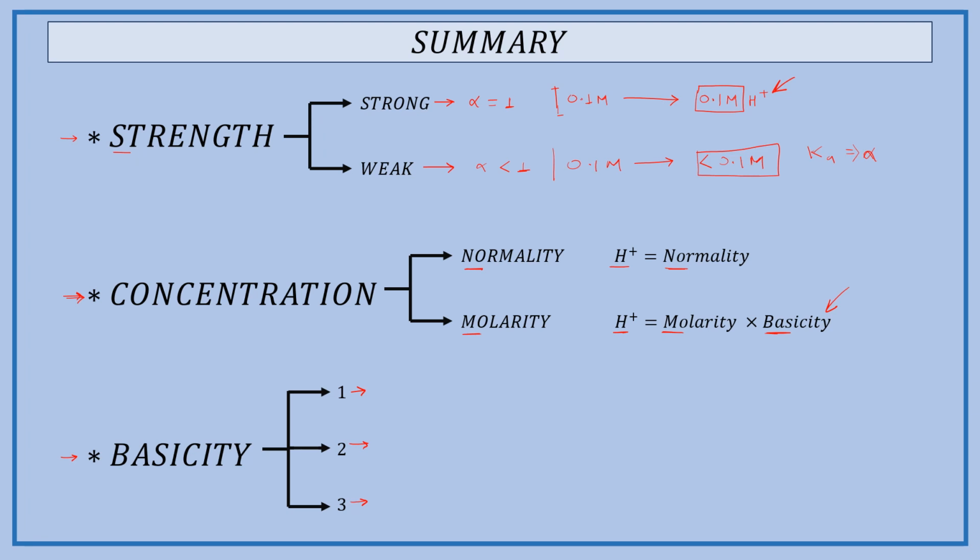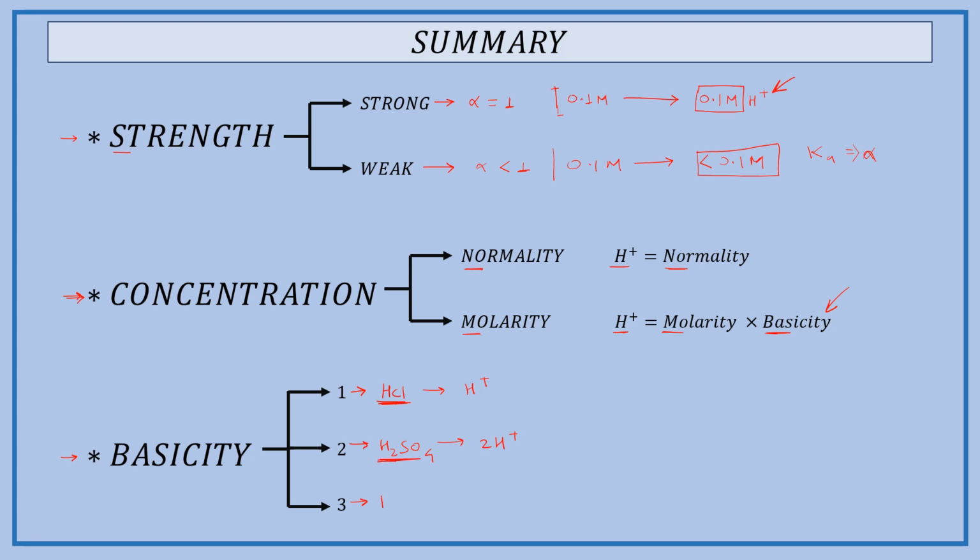Alright, so a monobasic acid will furnish 1 mole of H plus ion per mole of acid. A dibasic acid will furnish 2 moles of H plus ion per mole of acid.